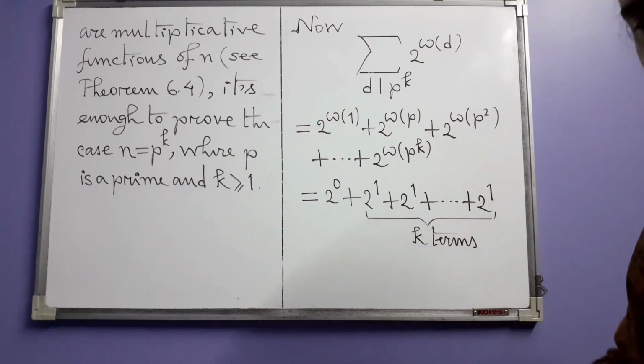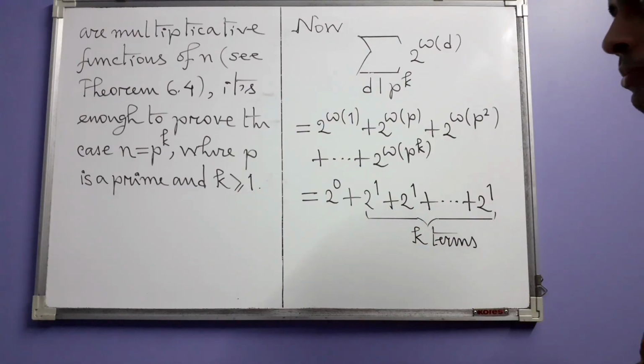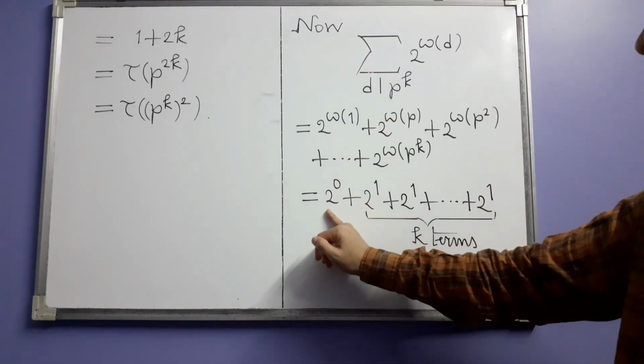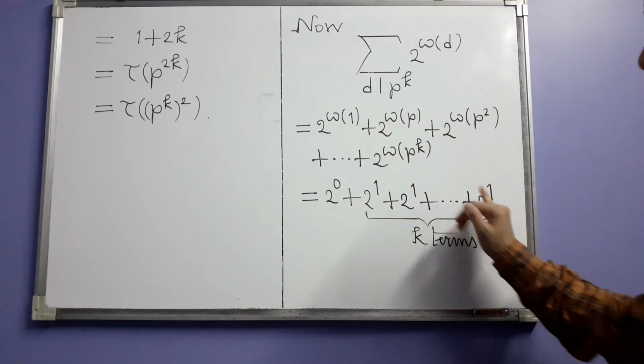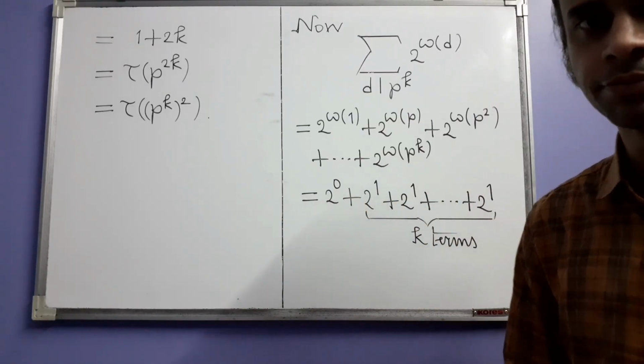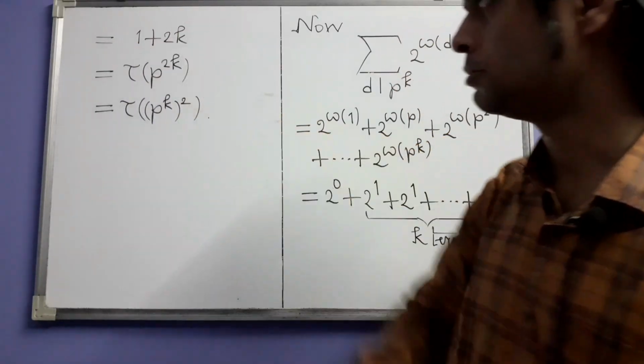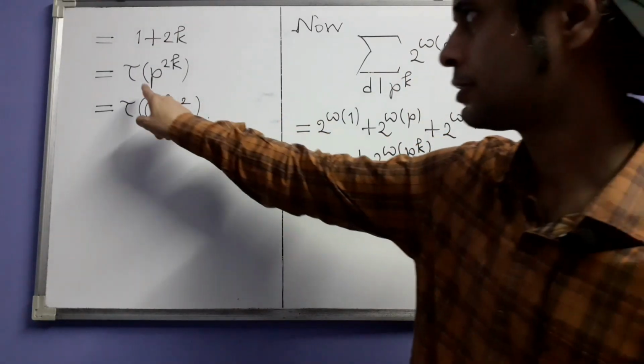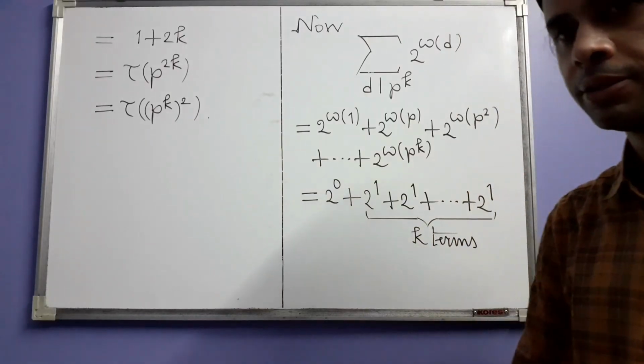So then let's continue our calculation. What do we get from this? This is 1 and these are 2k number of 2's. So 1 plus 2k. And very nicely, that is just the tau value of p to the power 2k.